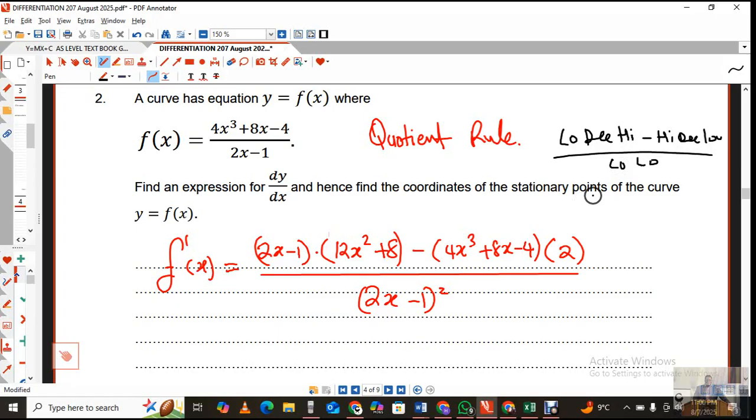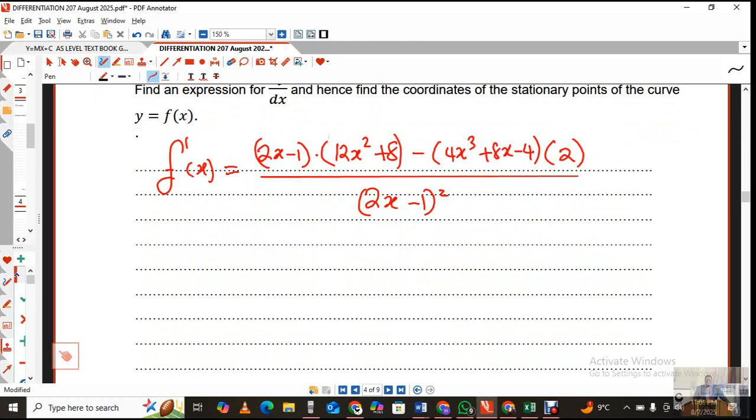These are all things that can help you remember, but at this moment, you should be pretty much comfortable with the application of the quotient rule. Now let's just clean up. The calculus is pretty much done.